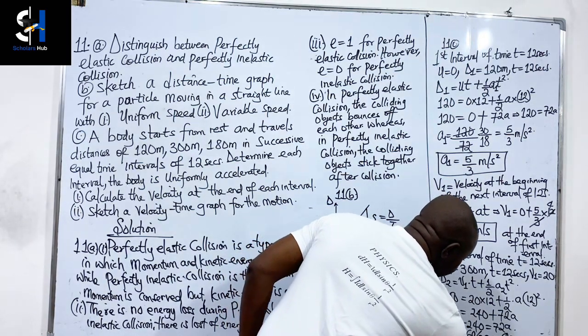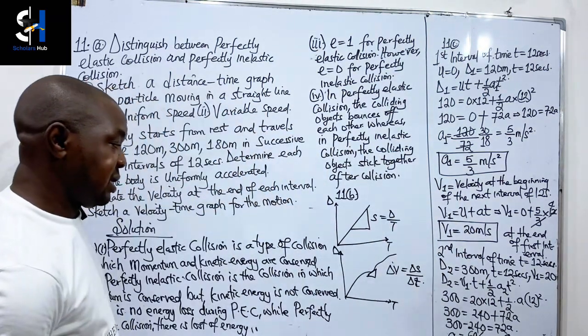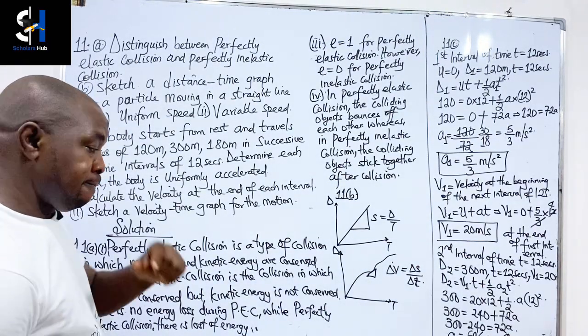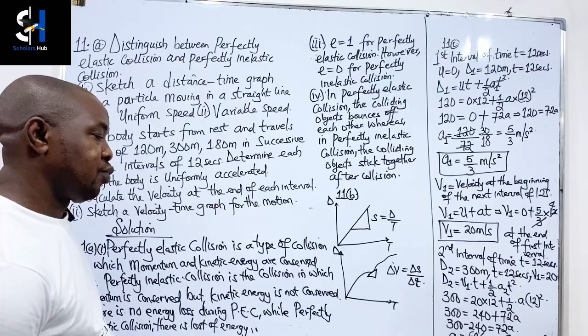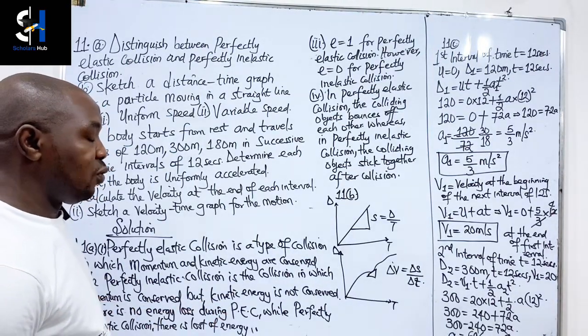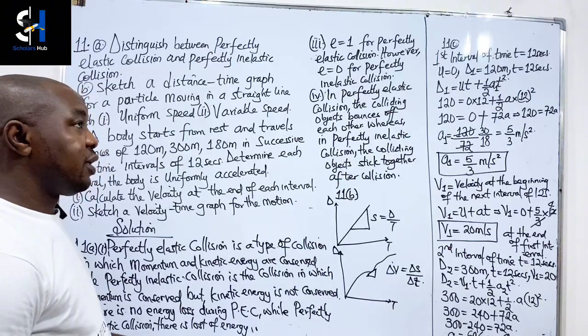So the acceleration will be divided by 6. Okay, that will be 10 over 12 divided by 2.